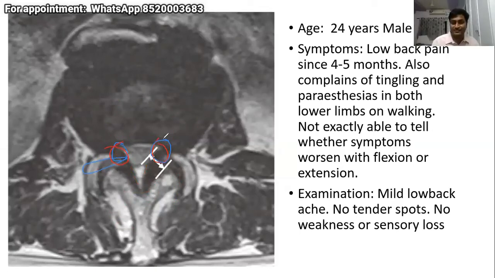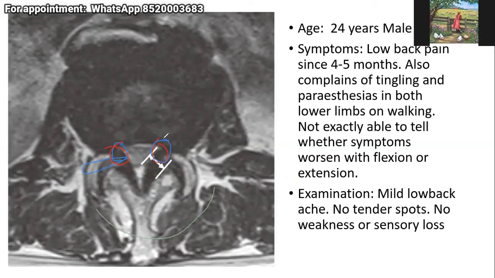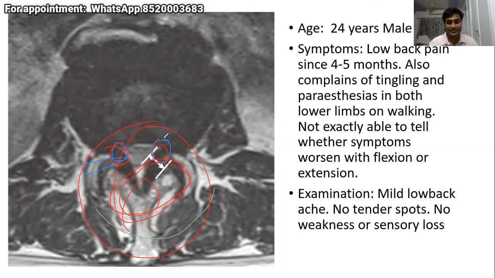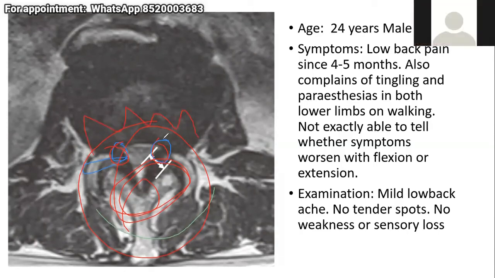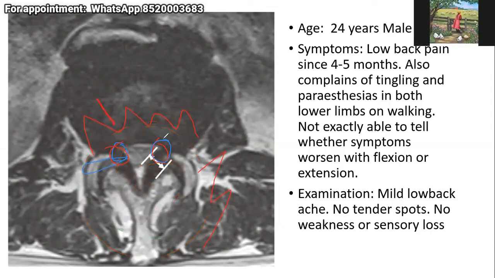For disc bulge, extension exercises, sir. Okay. For canal stenosis? Flexion-based. This patient has both or one? Both. But is he clinically presenting with more symptoms of disc bulge or canal stenosis? Canal stenosis. So which exercises will you offer? Flexion exercises. In flexion, I said there are two kinds. Not hyperflexion, but minimal flexion exercises.